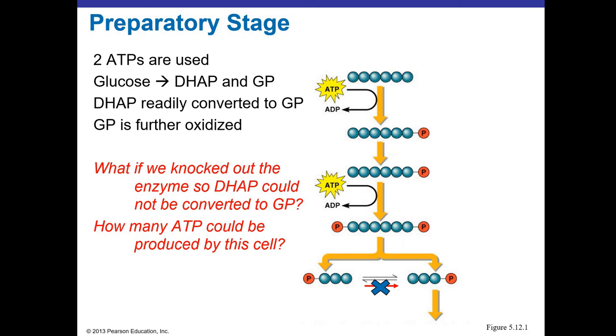So we're at the very end of the preparatory stage, and if now we can't convert that DHAP into our GP, that means we're only going to have one GP going through the rest of the process. So a good guesstimate would be, all right, probably about half the amount of energy. So if we're supposed to generate 38 ATP, all right, probably about 19 ATP.